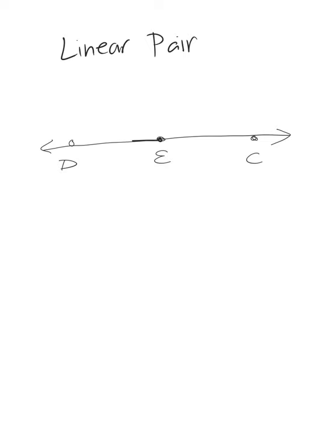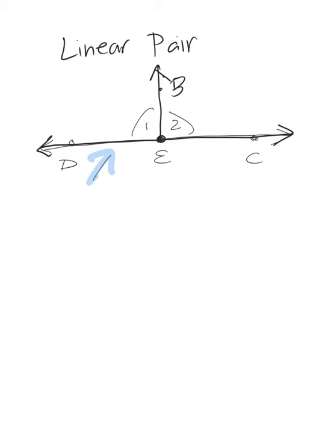You have ray ED and you have ray EC. I'm going to add in this ray, B. So the angles are adjacent. So this is 1, this is 2. They're adjacent. This would be their non-common side.